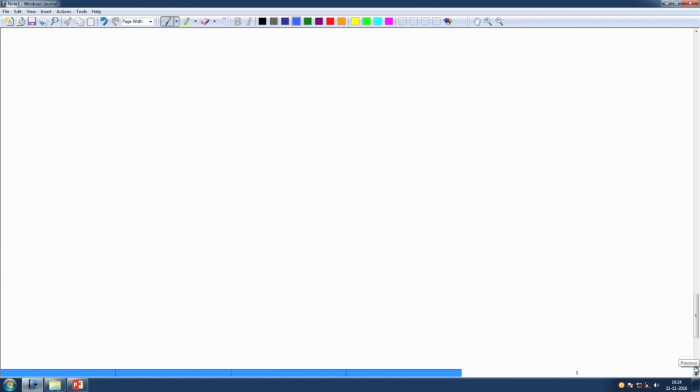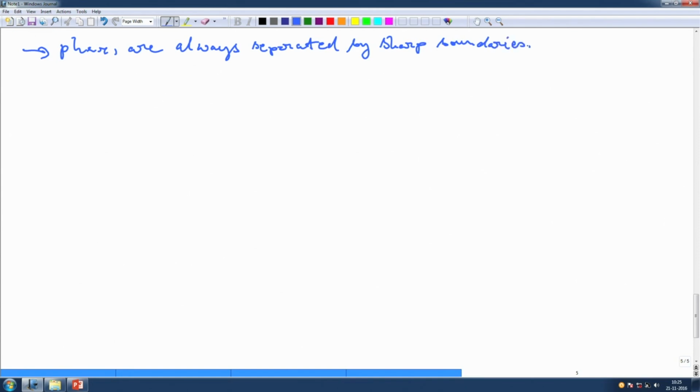Now, let us look at another interesting thing. So far we have said that the phases are always separated by sharp boundaries.